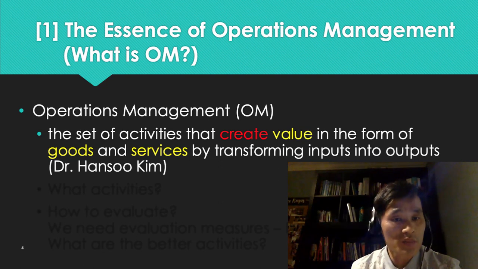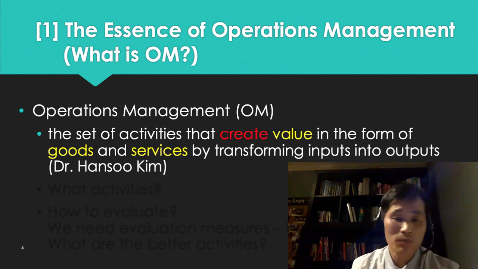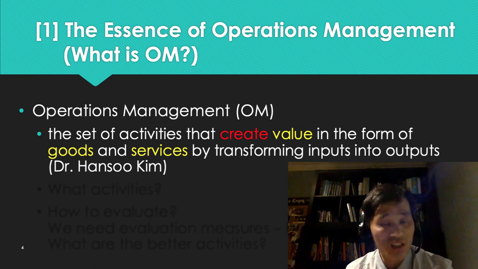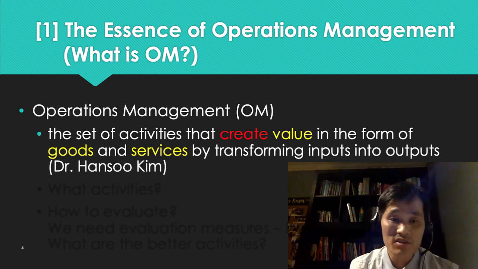What is important is value. What kind of value do you create for customers? That's what matters the most. And the better the operations management it is, the more values it will create for the business, stakeholders, and customers.